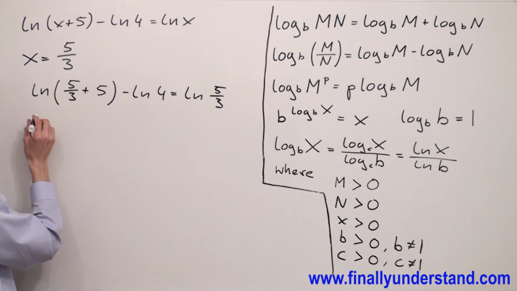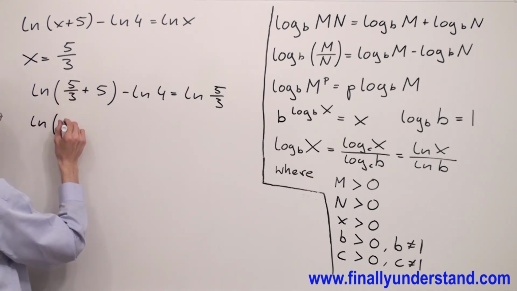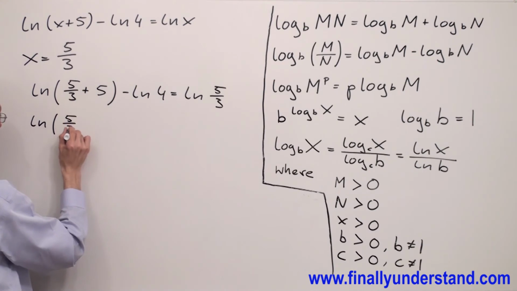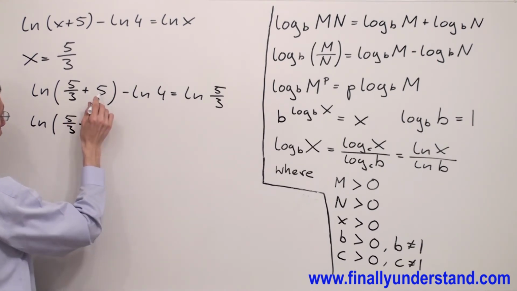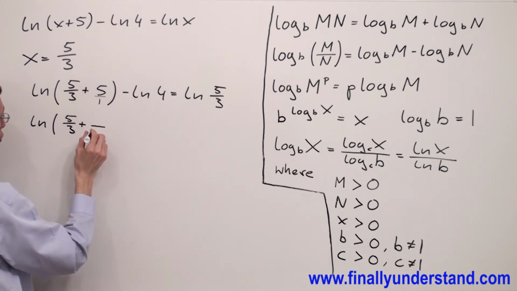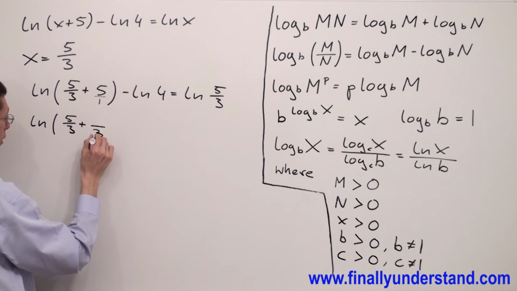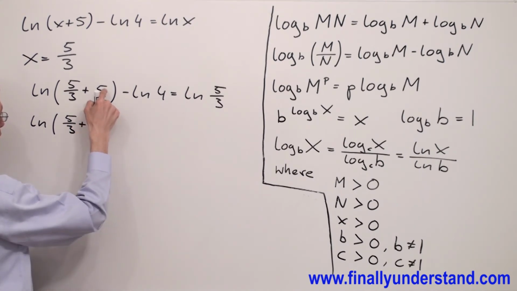I have natural log 5 over 3 plus 5. The common denominator for the fraction 5 over 1 is going to be 3. So if I multiply 1 by 3, I have to also multiply the numerator by 3.